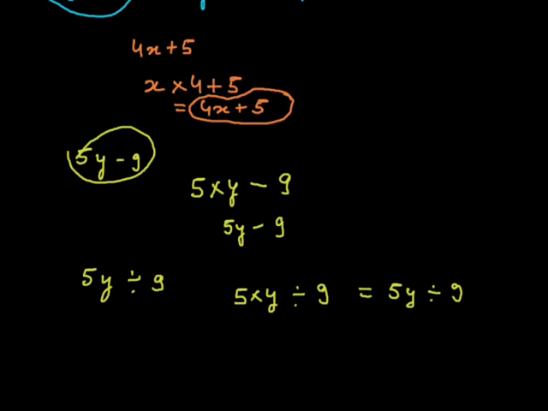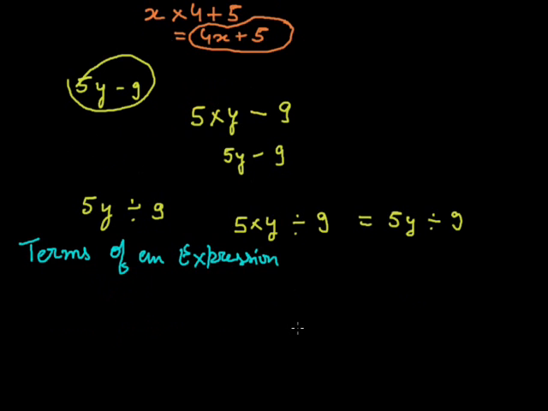Next thing which we should know is the terms of the expressions. Consider an expression 4x plus 5. Now, in this, we have multiplied x with 4. That is, we have obtained 4x.